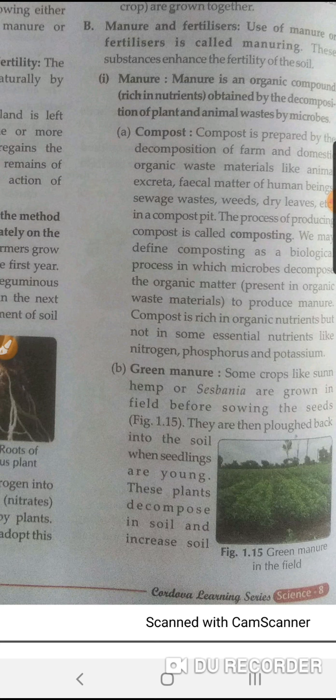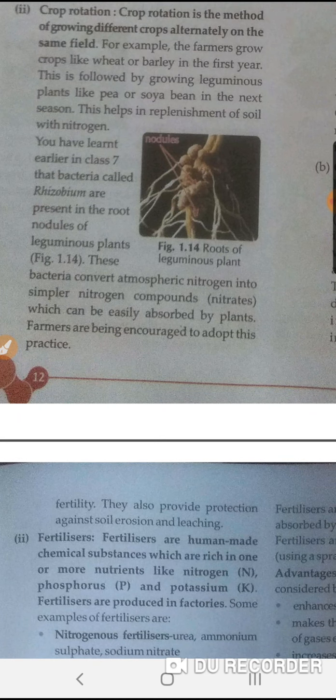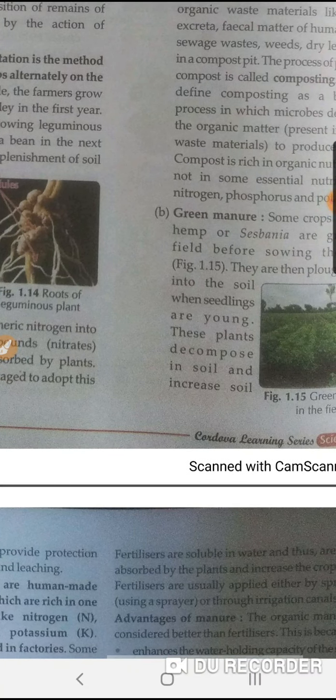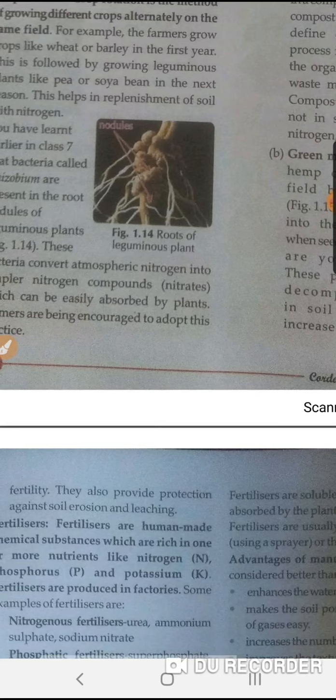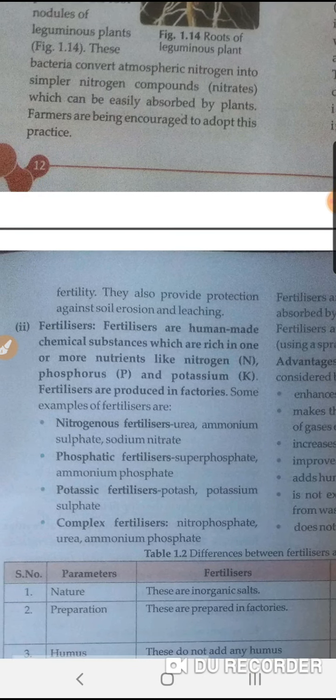They are then ploughed back into the soil when seedlings are young. These plants decompose in soil and increase soil fertility. They also provide protection against soil erosion and leaching. तो इससे क्या होगा? जो हमारी सॉइल है उसमें न्यूट्रिएंट्स का अमाउंट इंक्रीज़ हो जाएगा और सॉइल इरोजन भी नहीं होगा.